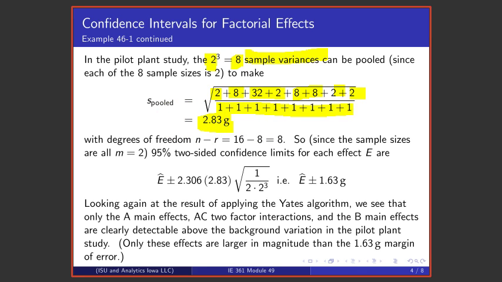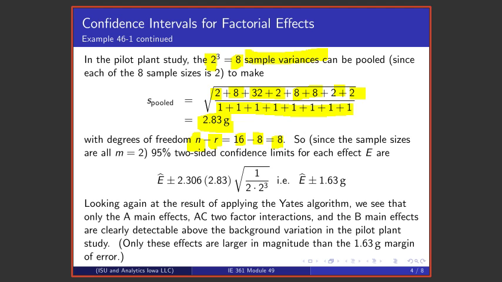2.83 grams. The degrees of freedom associated with that pooled S: there are 16 observations overall and 8 different groups, so it's 16 minus 8 is 8, or put it differently, we get 1 degree of freedom from each of the 8 samples.